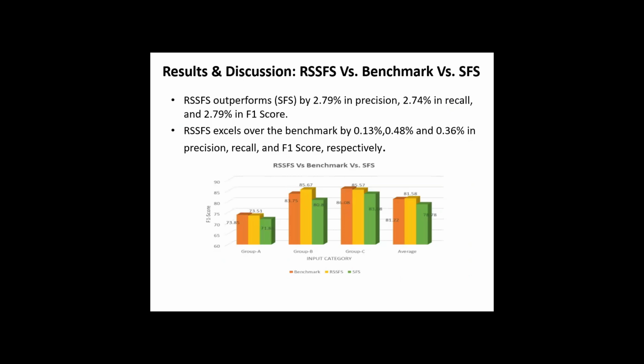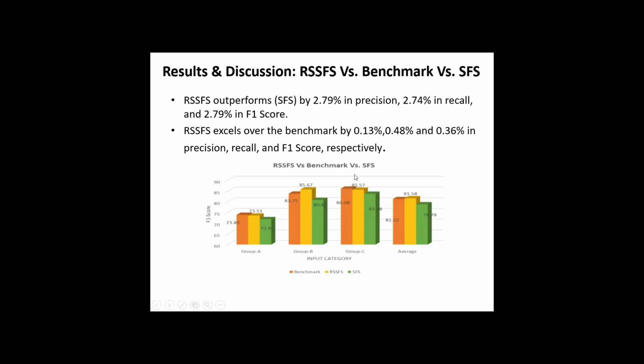The entire story of how our algorithm performed against the benchmark and the supervised feature selection is captured here. Our algorithm, RSSFS, the yellow one, is the model. In group A, it is lower than the benchmark, but it has excelled over the supervised feature selection method.